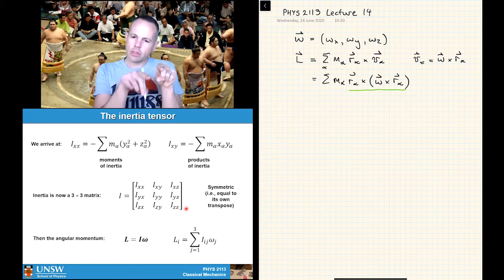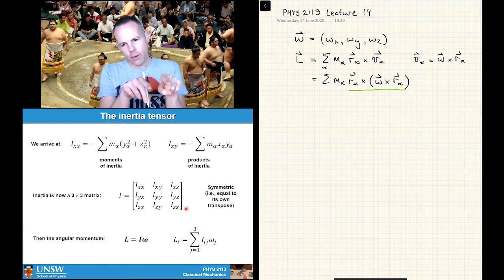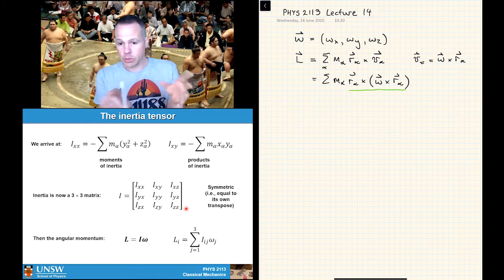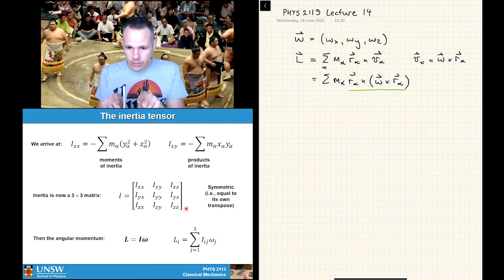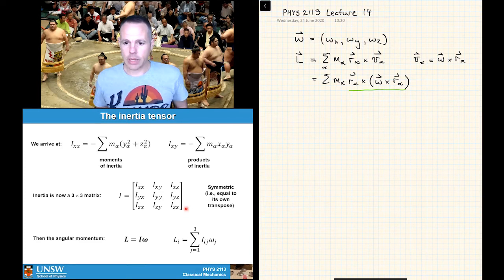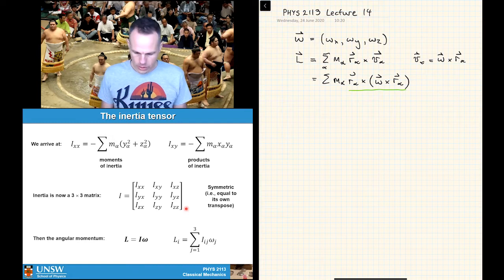What would happen there is you've got the cross product of R alpha with itself, and as you all know, the cross product of a vector with itself is always 0, right? So that would mean that the angular momentum is always 0. And again, if you put the two R alphas on the end and the omega up the front, you would get the same answer out. So it's actually kind of significant that the omega turns up in the middle of this, because it's the one thing that stops that cross product from collapsing to 0.